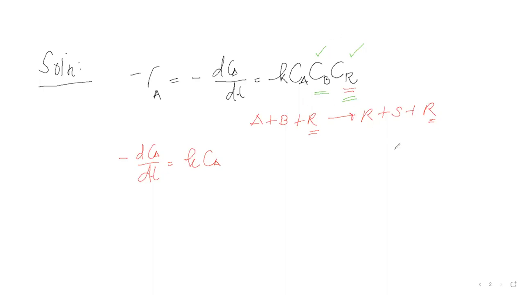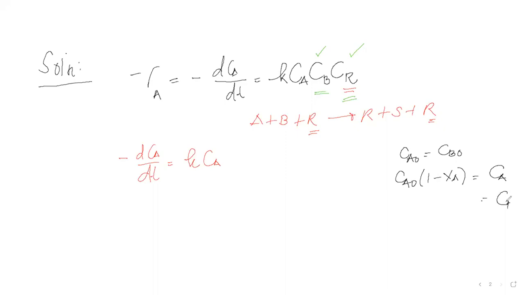Okay, you started with the same initial concentrations for A and B. So these two are equal. And we know that CAO times 1 minus XA is CA. Now, next is we have CB.